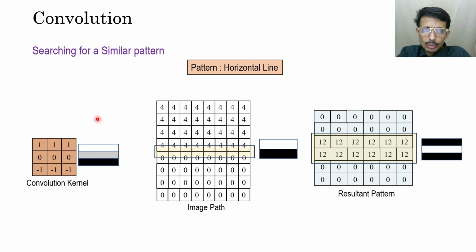Okay, so we put this convolution kernel on this image patch, and we get this resultant pattern. We get this kind of pattern, 0. So we find, yes, there is a horizontal line present.